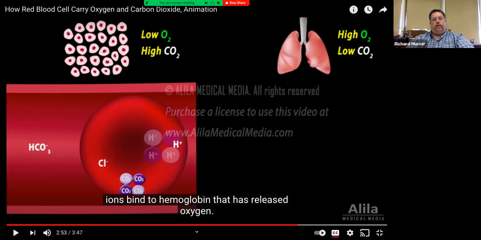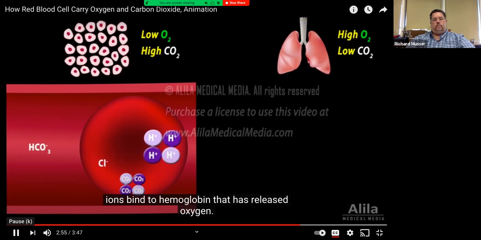We're going to have high amounts of carbon dioxide still attached to the hemoglobin until it reaches the lungs. And then when it reaches the lungs, this carbon dioxide is going to leave and go into the lungs through the alveoli and the thin membranes. And then this bicarbonate is going to be converted back into carbon dioxide to also be released.